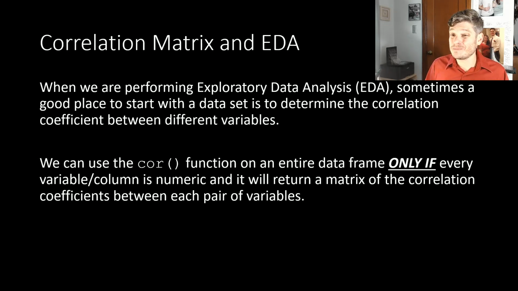Now, the really nice part is we can use that correlation function on an entire data frame, but only if every single column or variable is stored as a numeric value. Then we can pipe our entire data frame into the correlation function, and it will tell us the correlation coefficient between every single one of our variables in a matrix.